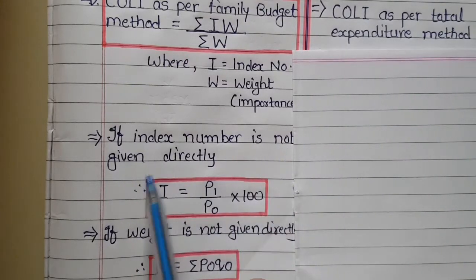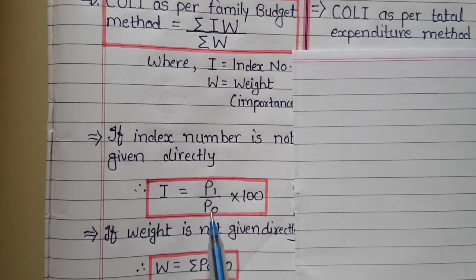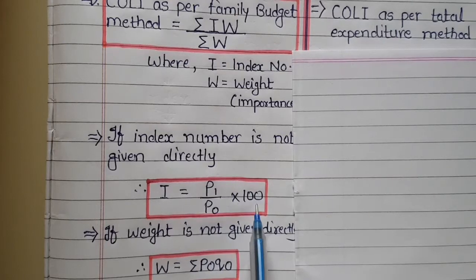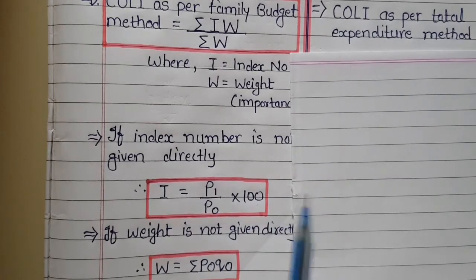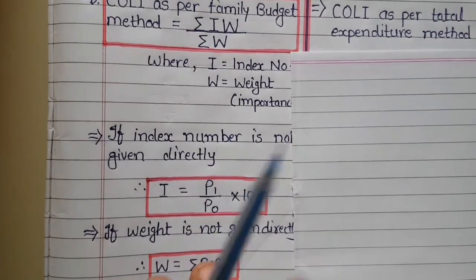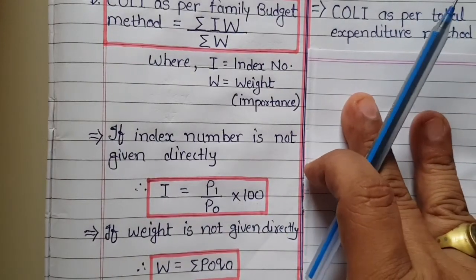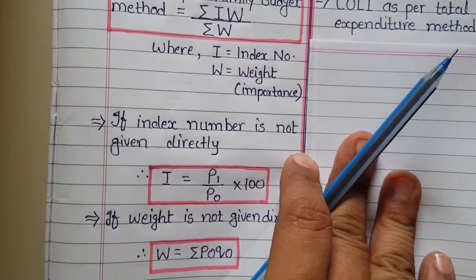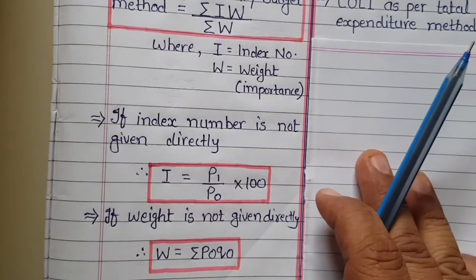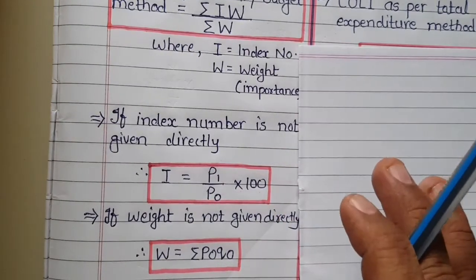If the index number is not given directly, then we will apply this formula. I is equal to P1 upon P0 multiplied by 100, that we had done previously. And in the same way, if importance or weight is not given directly, then what can we do? Then also we will apply this formula. W is equal to sigma P0 Q0.